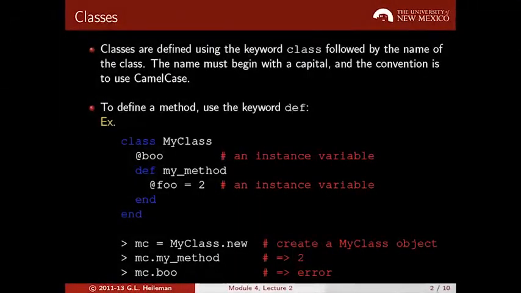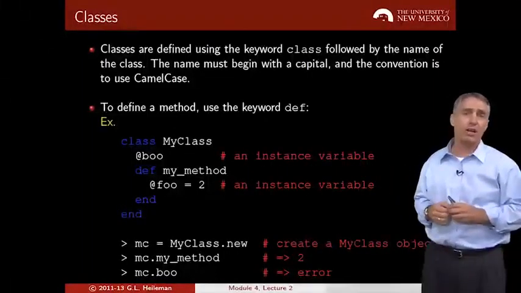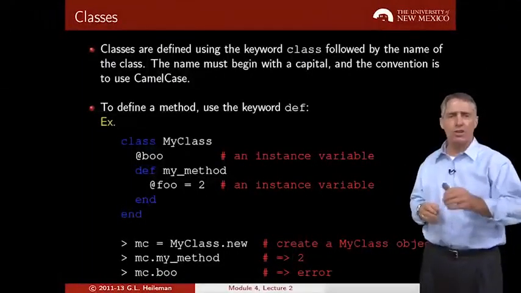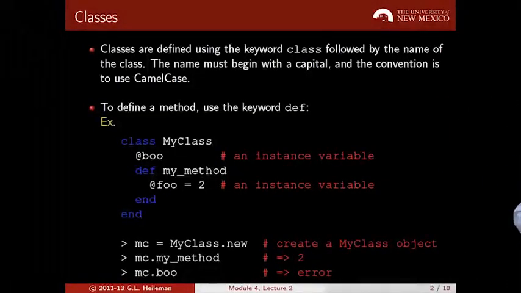Now notice though, if you try and access the boo variable by saying myc.boo, you're going to get an error. You're not allowed to access those instance variables. So the only way we were able to get at this foo variable was by calling that member function. So we'll talk more about how access is controlled in Ruby shortly.